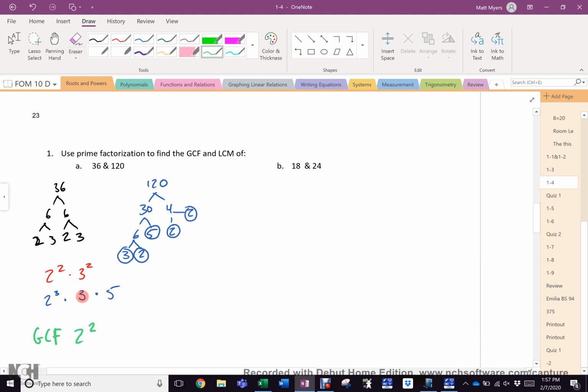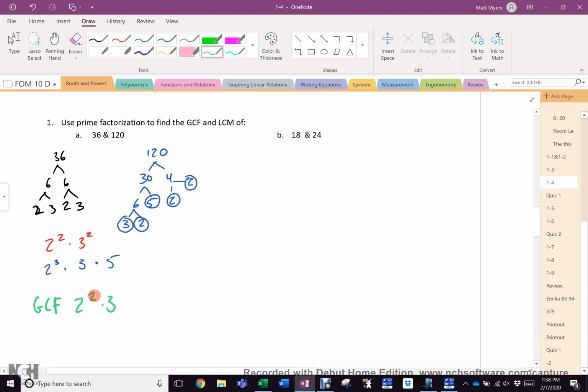Is 3 common? What's the smallest exponent that works with 3? 1. What is 2 squared? 2 squared is 4. 4 times 3 is 12. So that is our GCF. Okay?